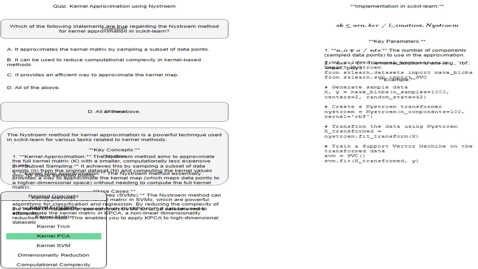Kernel PCA. Kernel PCA is a nonlinear extension of principal component analysis (PCA). It uses kernel functions to find a lower dimensional representation of data in a nonlinear manner, making it suitable for data that is not linearly separable.